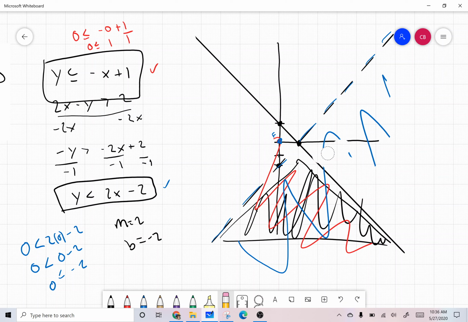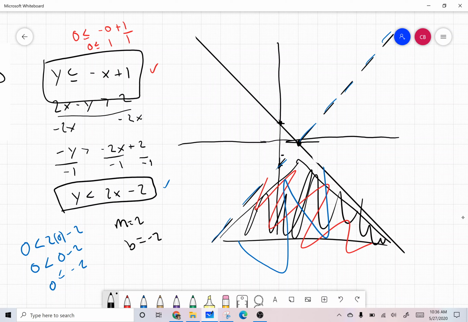So you want to erase those, and that leaves the graph as follows. Okay, so that should be the only part shaded. This red here shouldn't be shaded either, and blue. Okay, your graph would look something like that. Okay, so that takes care of that question.